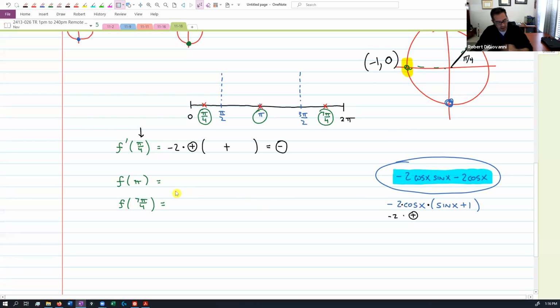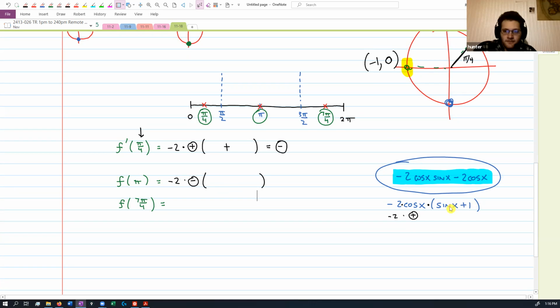So if I plug in pi, I'm going to get -2, and then cosine of pi would give you a negative number. And then what would the sine of pi plus 1 get you? 1. Because sine of pi is 0, and then you add 1, you get a positive number there. Negative times a negative times a positive is positive. Making sense?